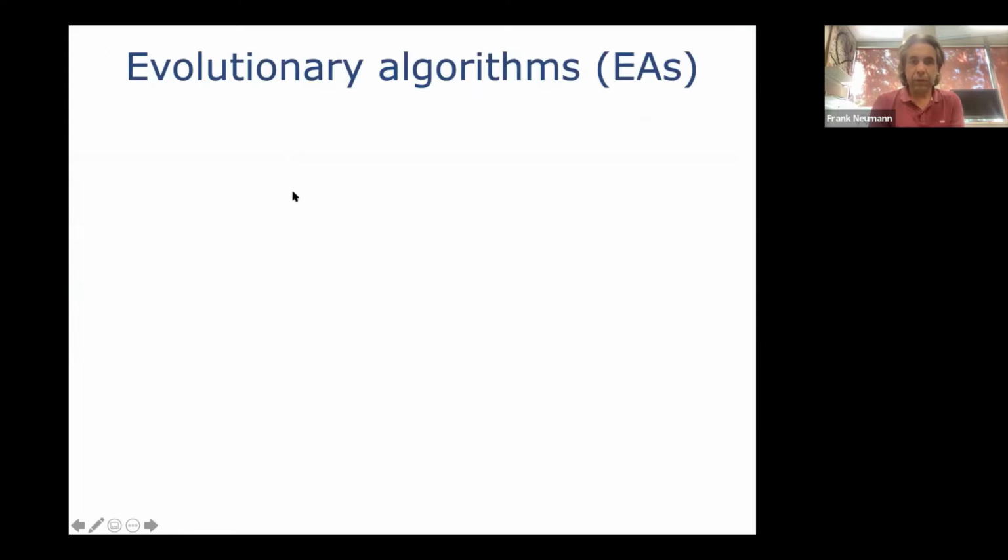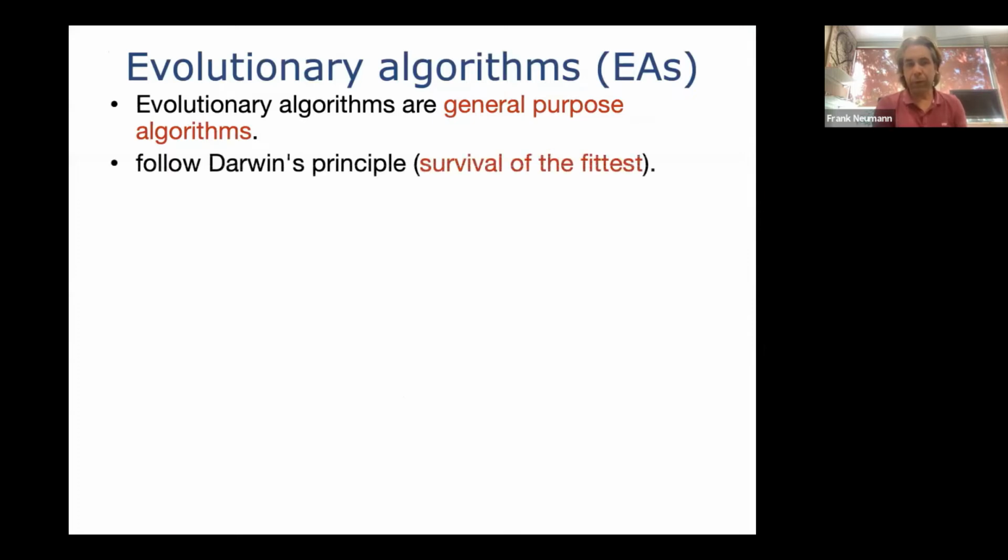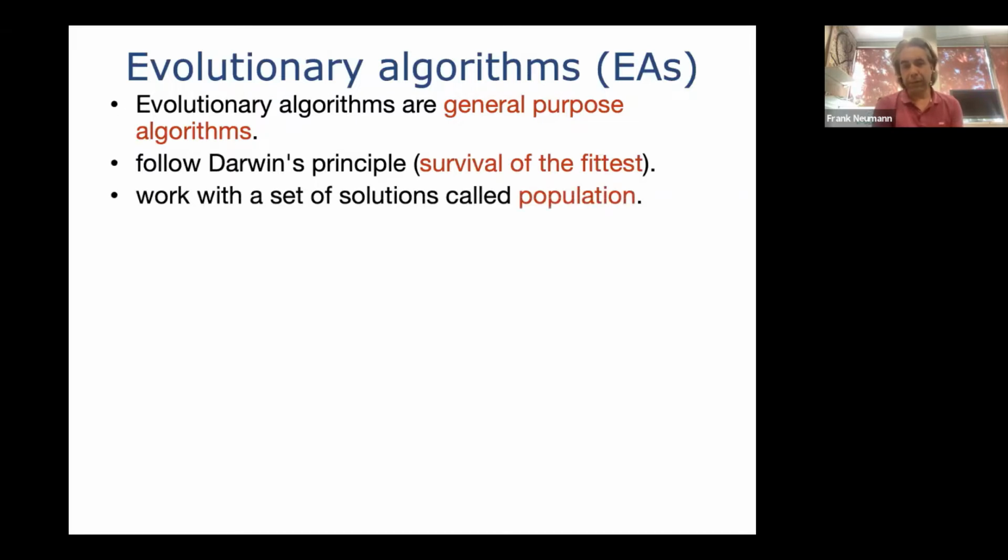I'm talking about evolutionary algorithms, and just so that we are all on the same page: I see them as general purpose algorithms. You follow Darwin's principle, survival of the fittest, which means you're working with a set of solutions, which we call a population, but it's just a set of possible solutions to your problem.